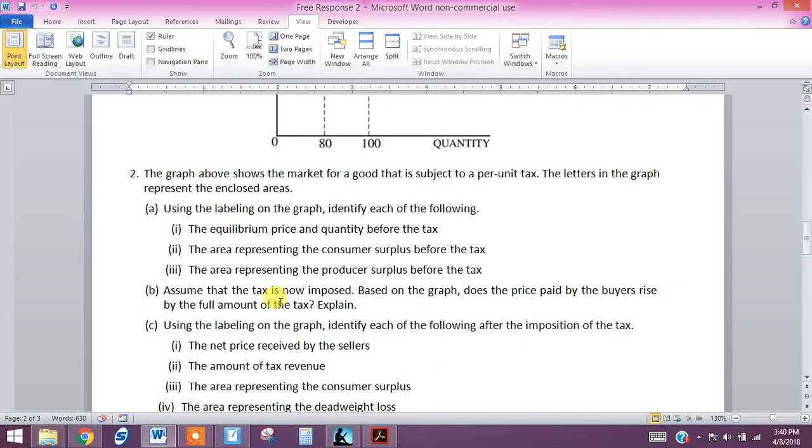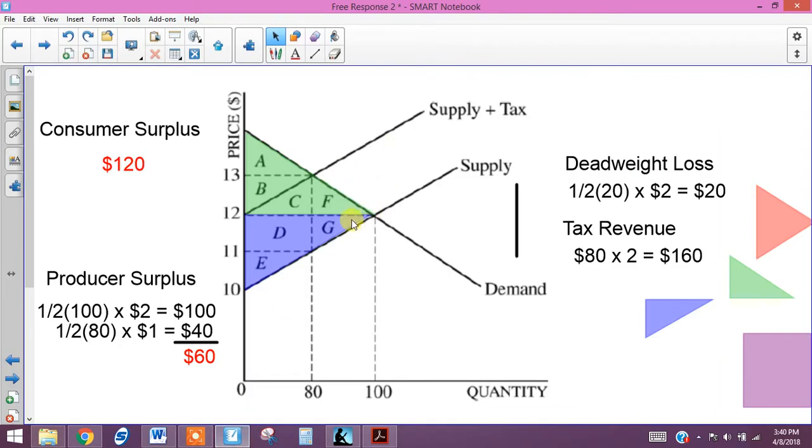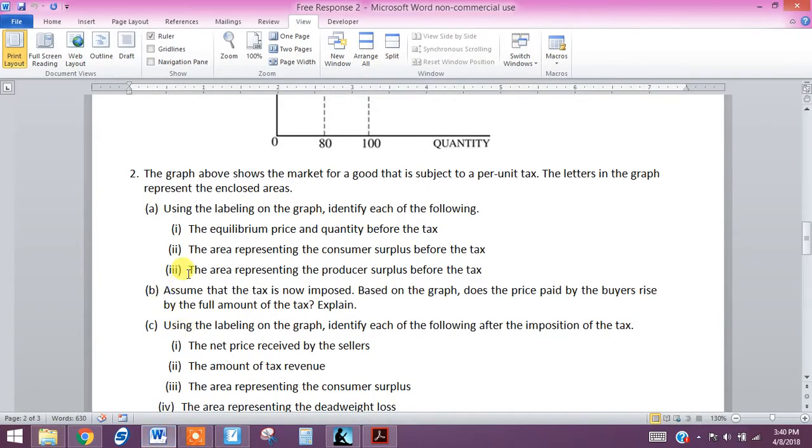The answer is no, and part of your explanation could be because demand is relatively elastic, they're only going to pay half of the tax, and you also can say that the price only rises by $1. It's going from 12 to 13. So that very obviously shows that only half of this tax is paid by the consumer. Now, enough about that, right? Let's go on to the next part.